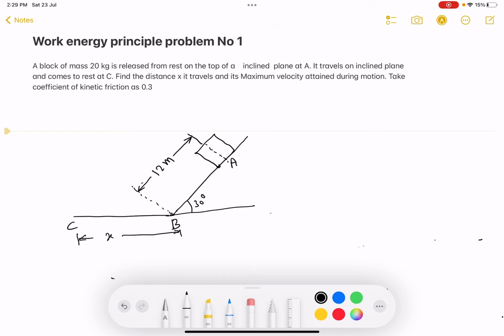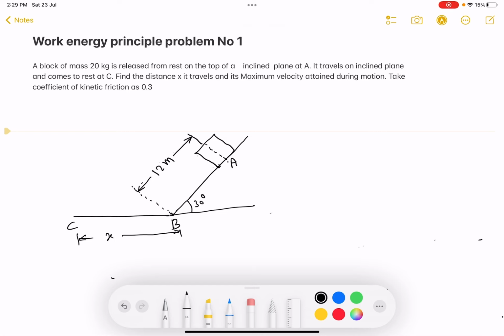Now think about it, if you just drop a ball from a certain height, as it comes down its velocity will keep on increasing and it will reach its maximum velocity just before hitting the ground, right?